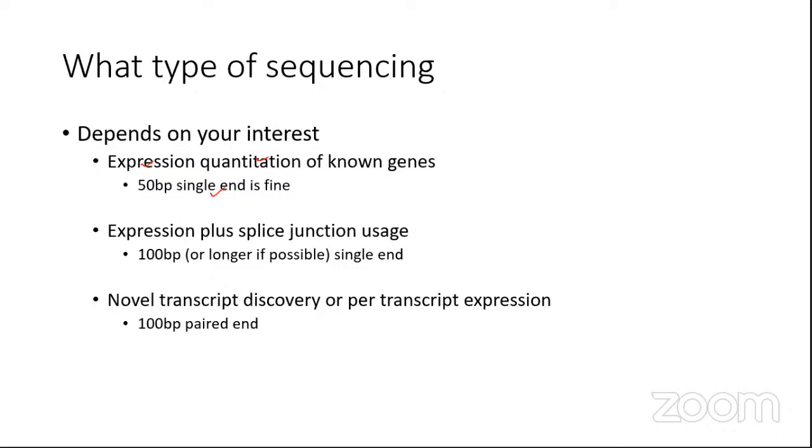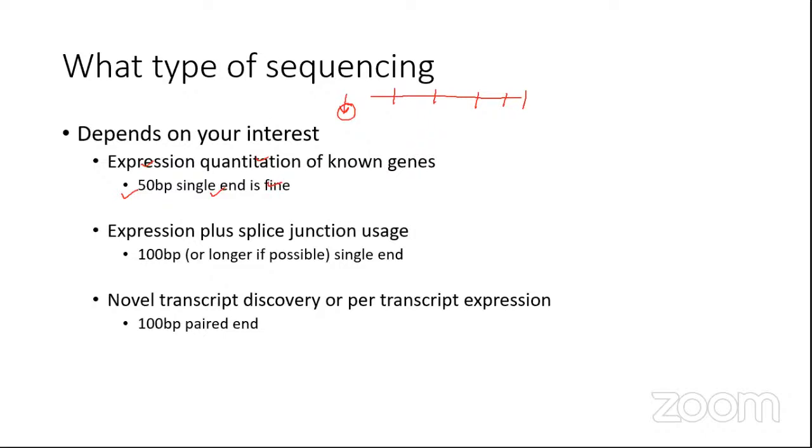So if we have a cost constraint and we know what genes are expressed in this particular disease state and would like to see the expression of the same genes in different biological states or different treatment conditions or disease states, we can go for 50 base pair single end read library preparation and sequencing data generation, and that would be absolutely fine.